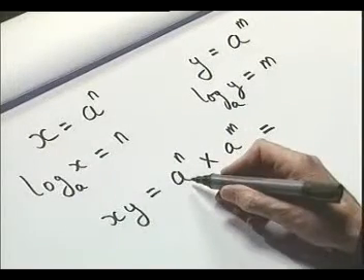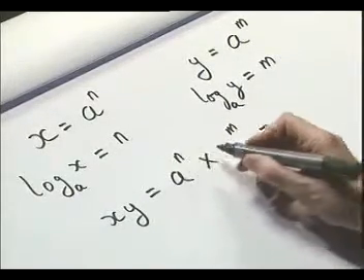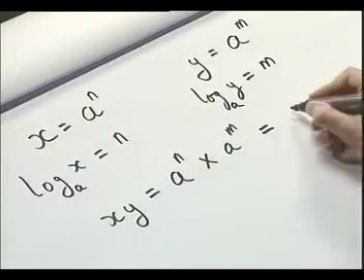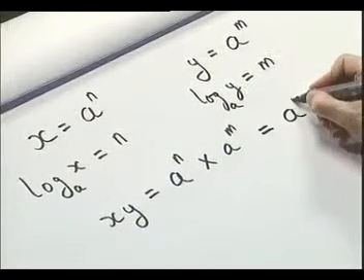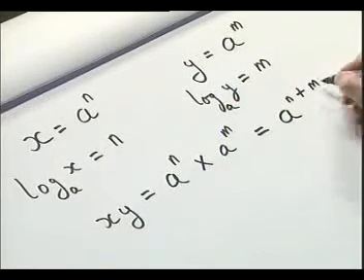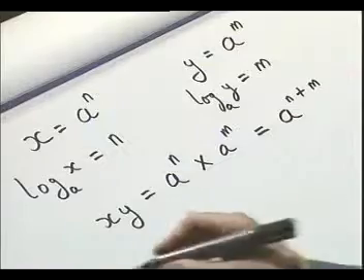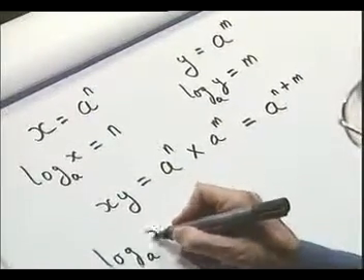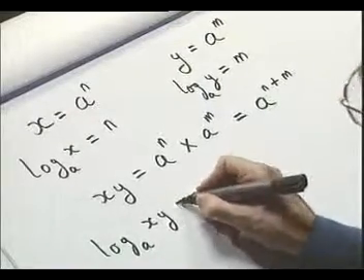And what do we get here? A to the power n times a to the power m means that we add the indices together. So that's a to the n plus m. So what is the logarithm to base a of xy?